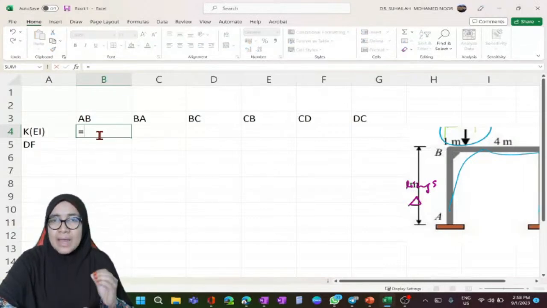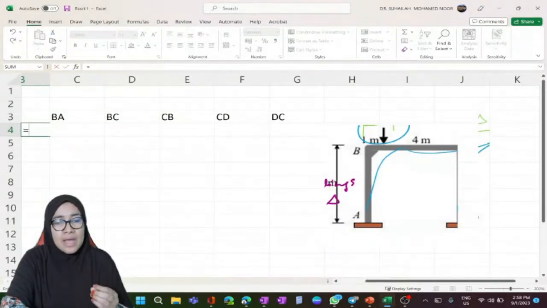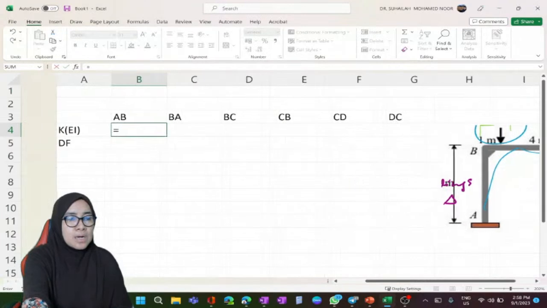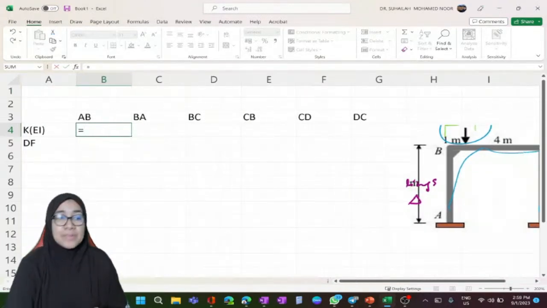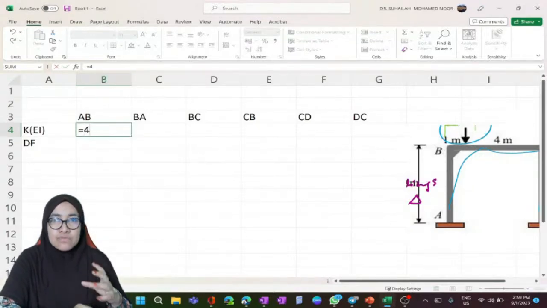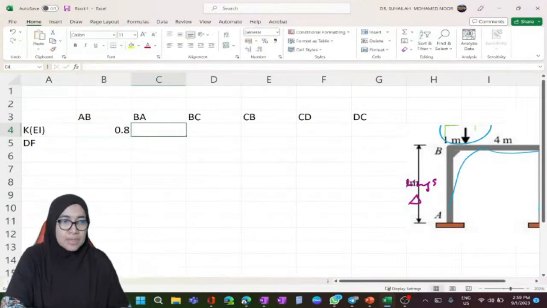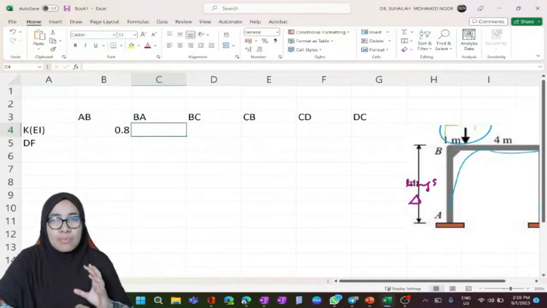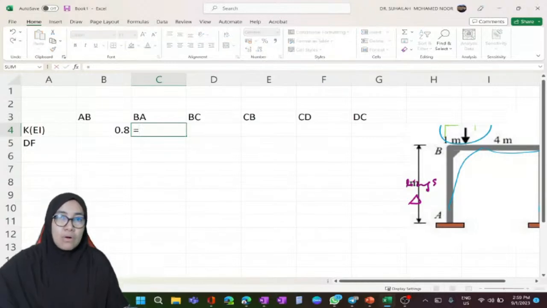And since A and D are fixed supports, we just need to use 4EI over L for all members. So it is 4EI divided by L. L is 5 meter. So we get all 0.8. We get all 0.8 for AB, for BC, and for CD. 0.8 for all.